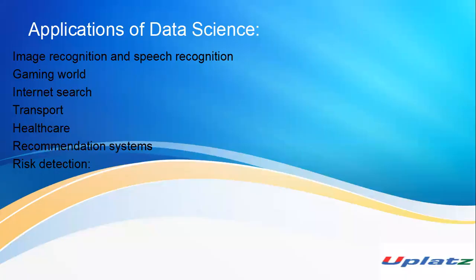So finally, applications of data science. Let's conclude this session by understanding the applications of data science. Data science finds its use in a lot of areas. The first one is image recognition and speech recognition.